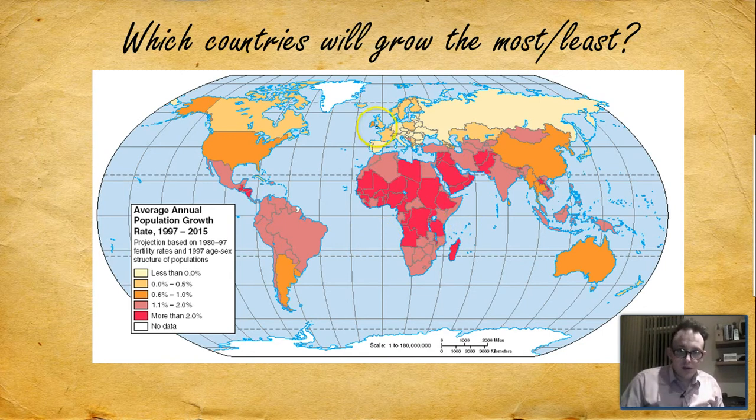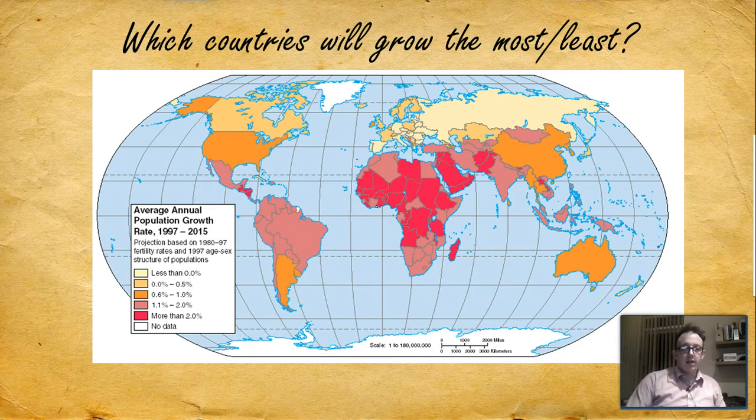The lighter coloured ones, such as the UK, are growing at a much lower rate, between 0.0% and 0.5%. This is Russia. This is going backwards. This is population decrease, natural decrease, because it's got a rate of growth of less than 0.0%. So it must be negative.